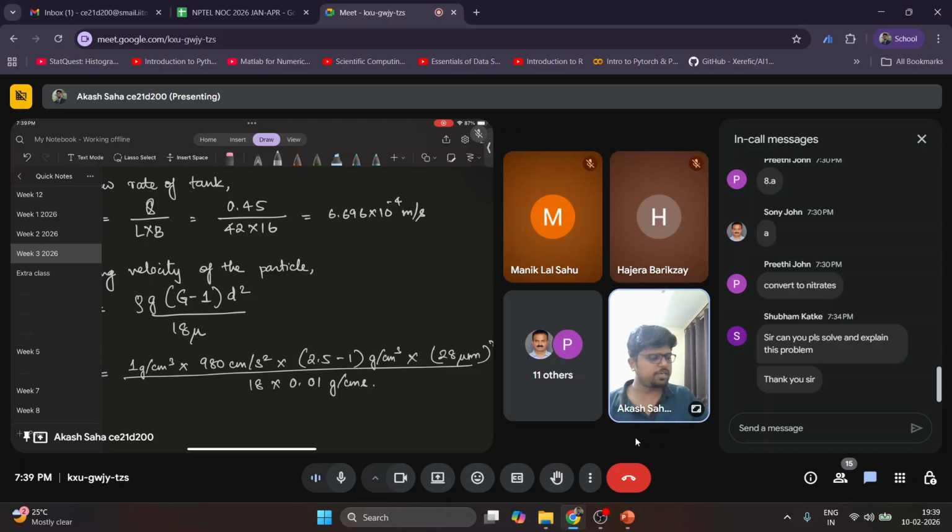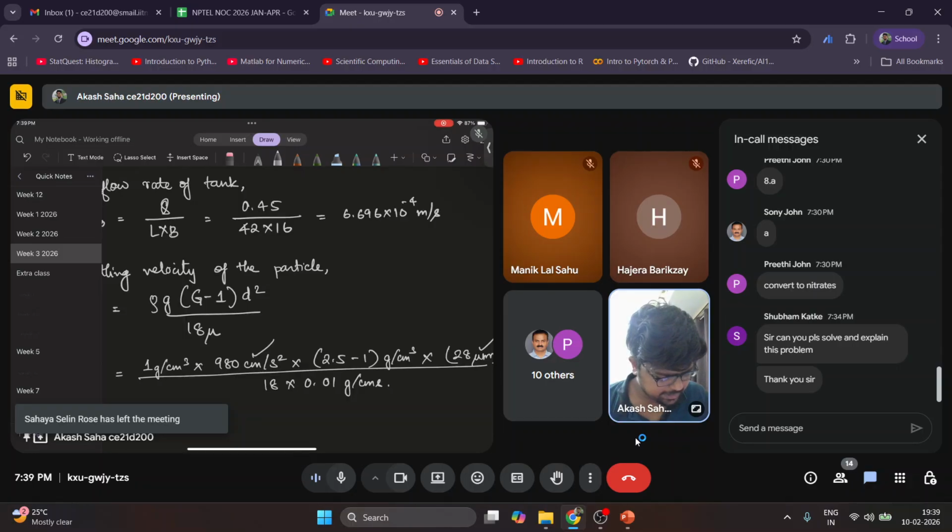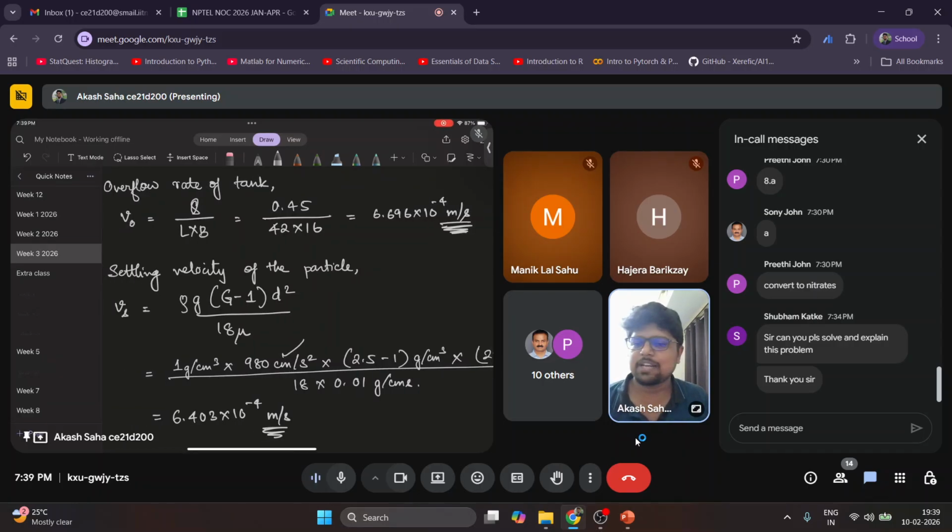Here you have to take care of the units. Something is in micron, something is in centimeter, so you have to convert all of those, and finally you will get 6.403 into 10 to the power minus 4 meter per second. Since I am calculating the overflow rate in meter per second, here also I should find it in meter per second. That's why you have to take care of these unit conversions. You will get the settling velocity.